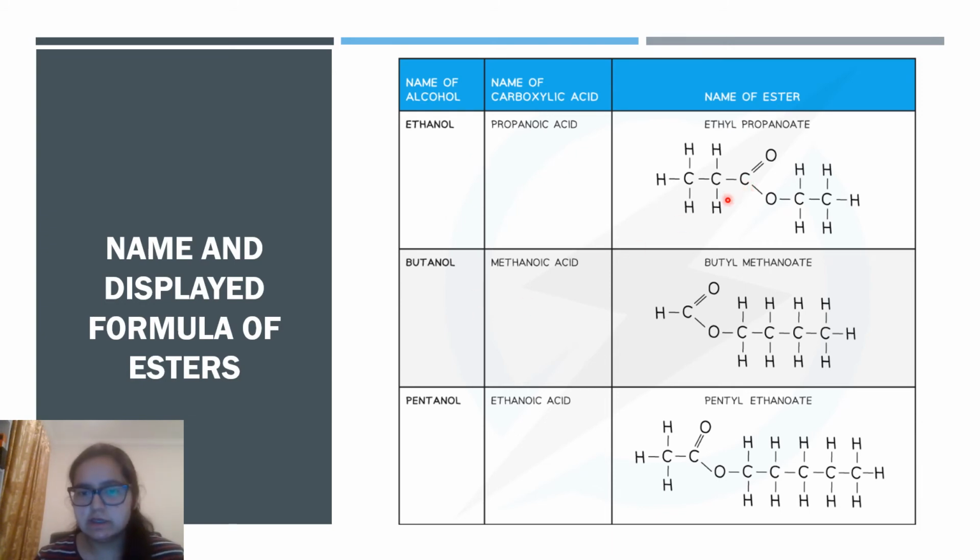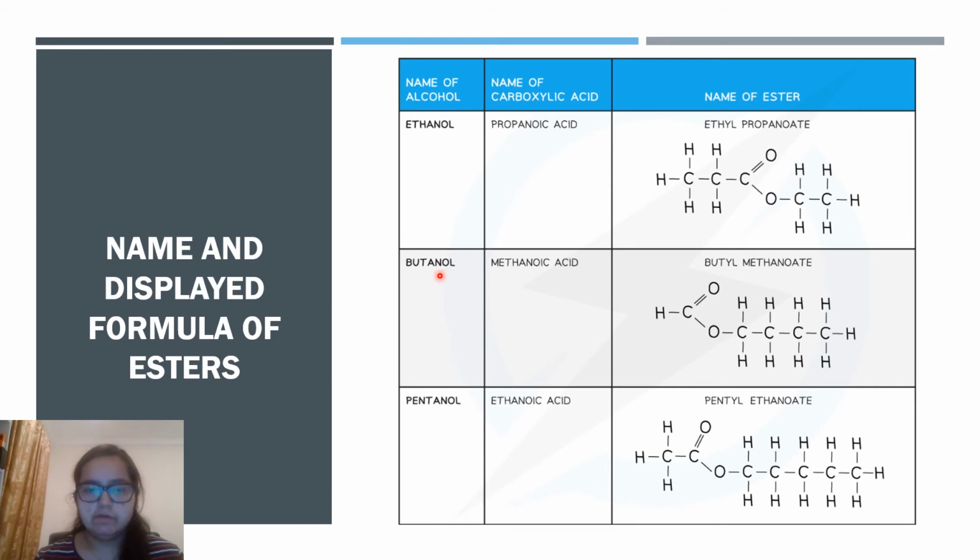Now you can see that over here a water molecule has been removed. So COO and here comes the O. When you see this type of linkage, this type of bonding, you can say that it is an ester. Then butanol and methanoic acid.